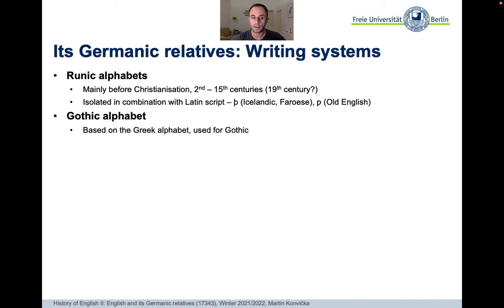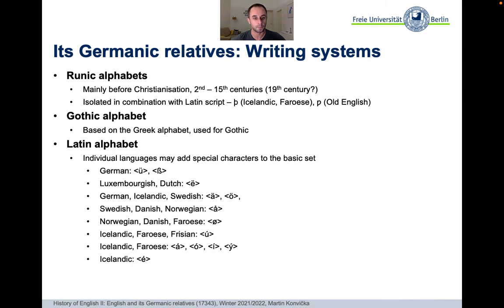Okay, then there was another alphabet that was used very early on, which is the Gothic alphabet. This is based on the Greek alphabet and was used solely for Gothic. Then obviously we have the Latin alphabet, right? So the basic Latin Roman alphabet that you know, with certain special characters, sometimes with diacritics, is used nowadays to write down the majority of Germanic languages.